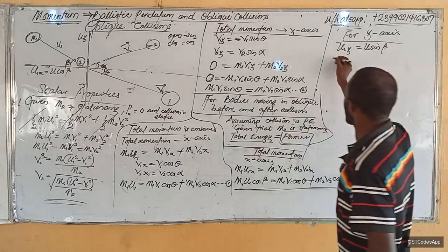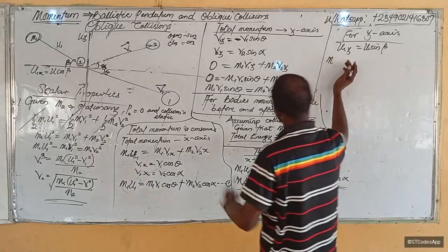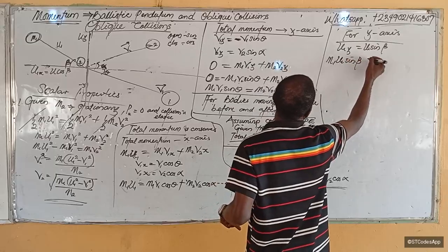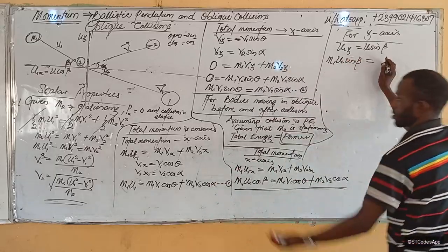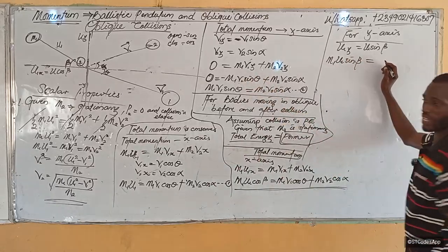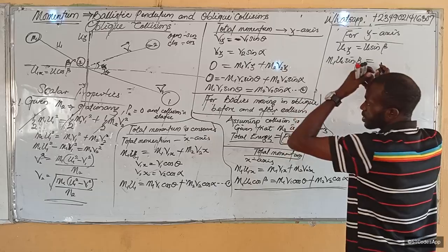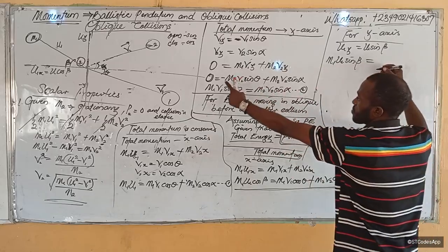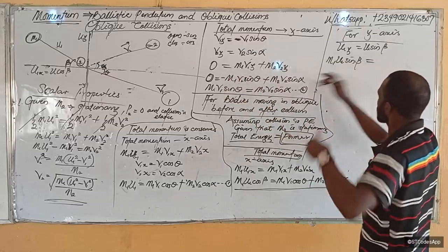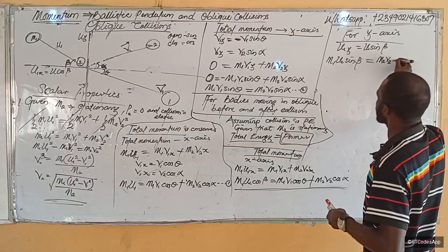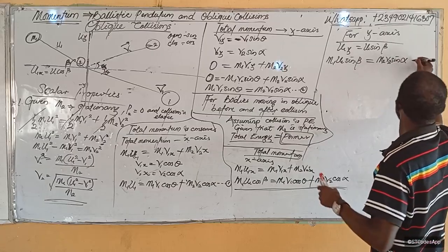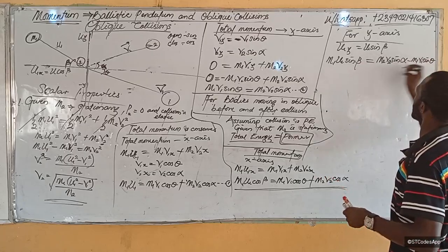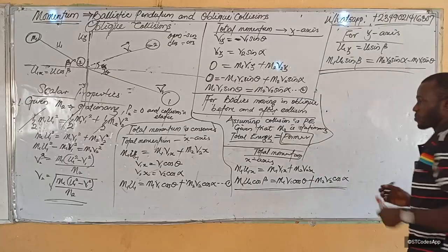So the total momentum before collision will be just M1U1 sine beta, equal to this side. But of course, this guy will be negative, so let's put it last. This one will be positive: M2V2 sine alpha minus M1V1 sine theta. So these are the expressions.